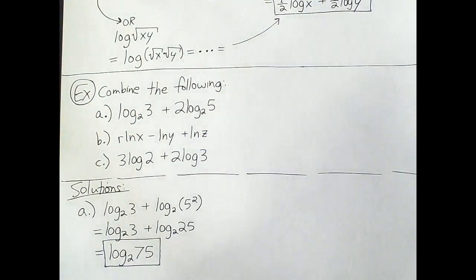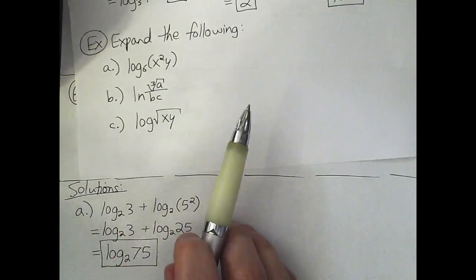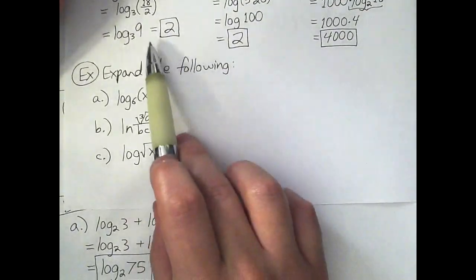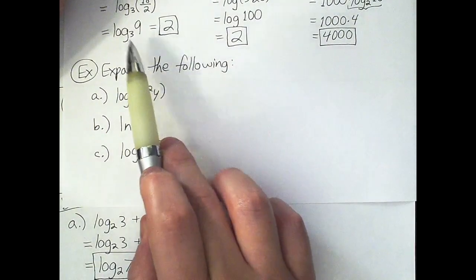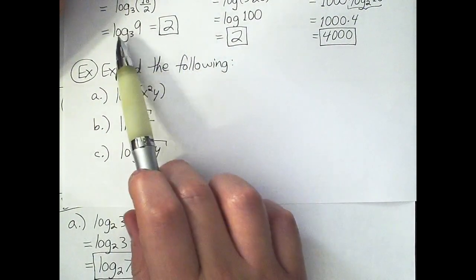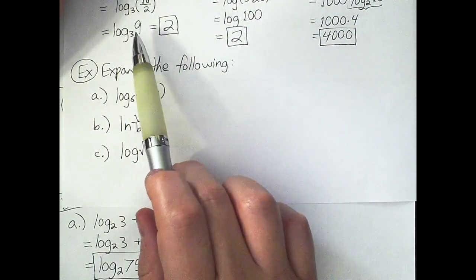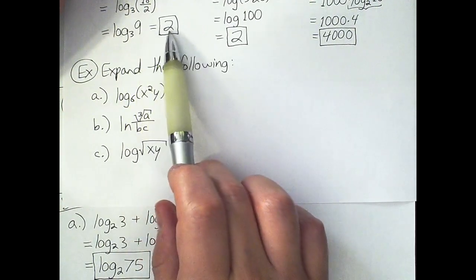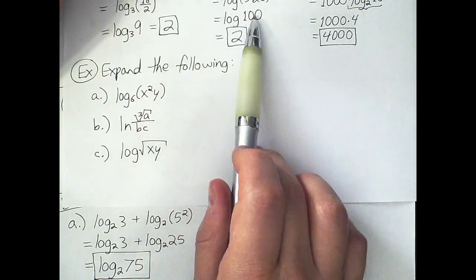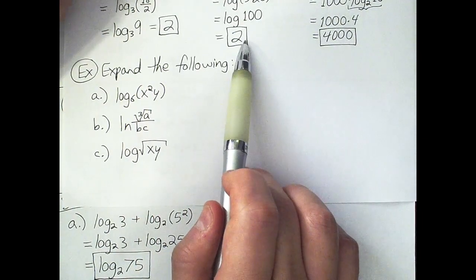All right, so before you try part B and C, I'll just tell you the general idea is you simplify logarithms to numbers when you can. So when it's like log base 3 of 9, I would expect you to simplify it to 2. If you see log 100, I would expect you to simplify it to 2.